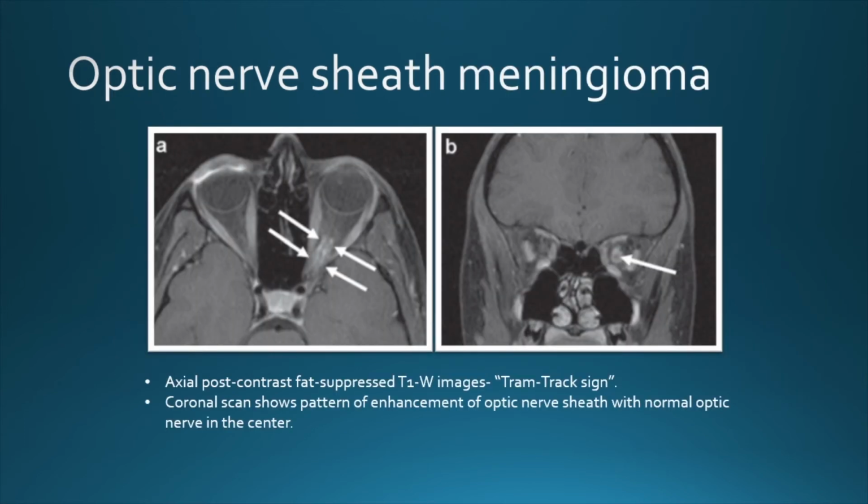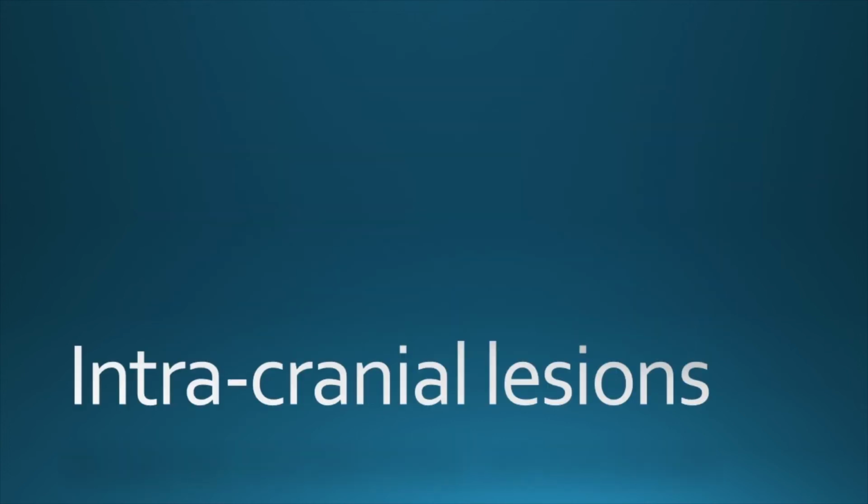In optic nerve sheath meningiomas, we can see the tram track enhancement of the optic nerve sheath in axial section showing tram track sign. In coronal section, we can see the enhancement of the optic nerve sheath with a central normal optic nerve in optic nerve sheath meningioma compared to glioma, which will show a homogeneous hyperintense lesion.